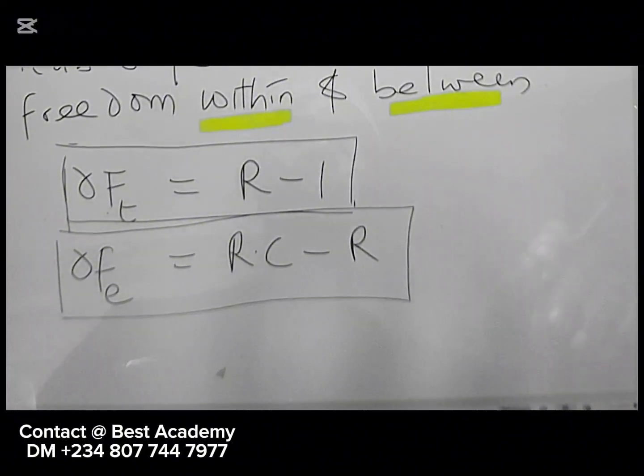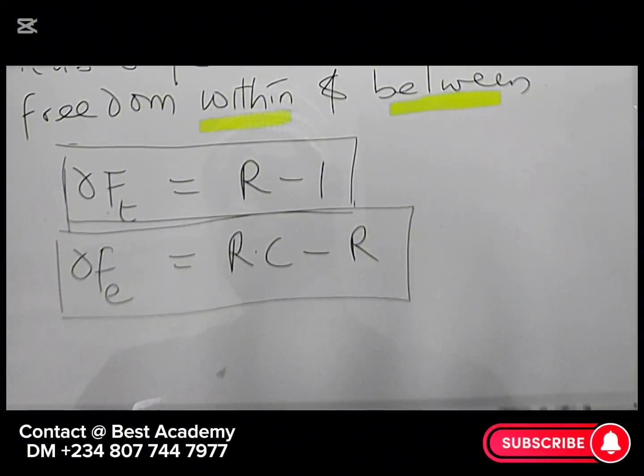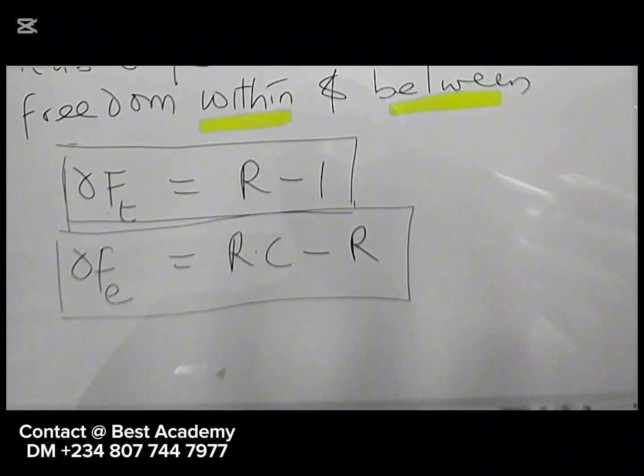The degree of freedom between is the same as treatment, while degree of freedom within is the same as error. Treatment is for between, within is for error. Please take note.